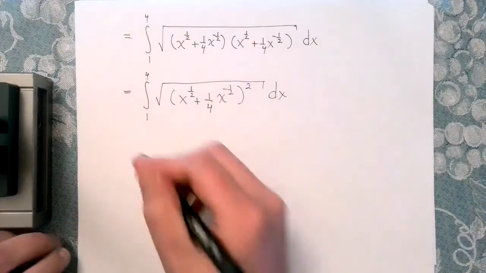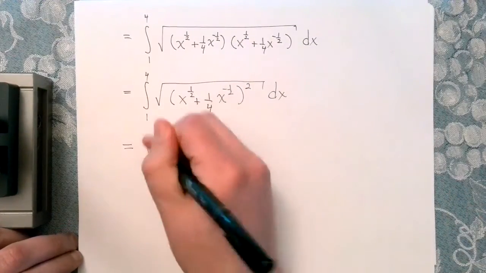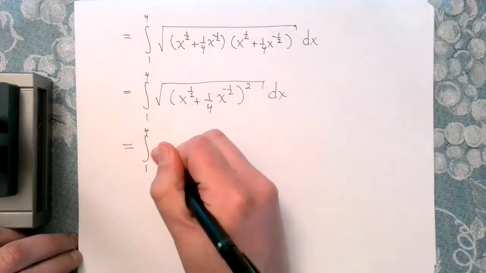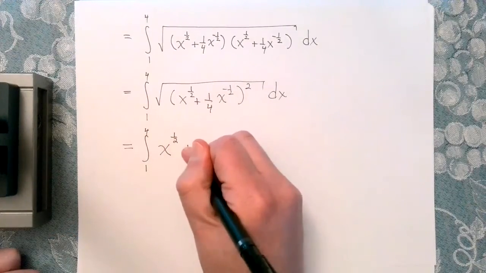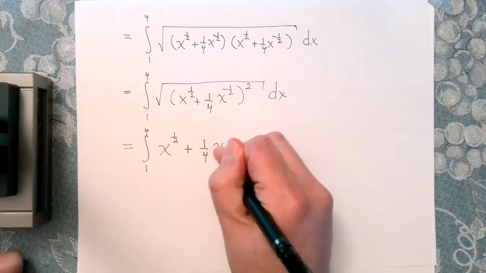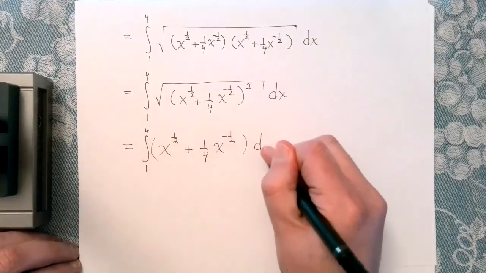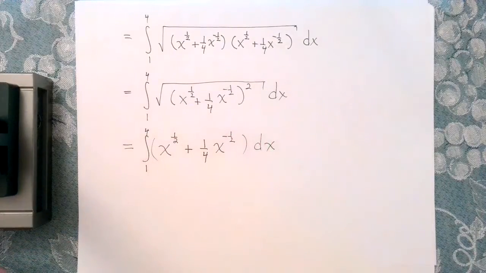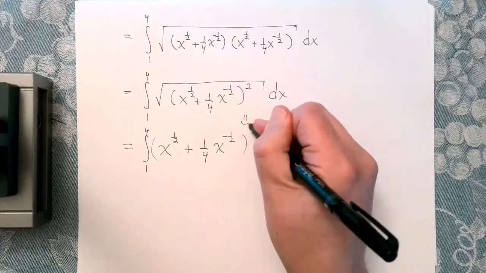Okay, so the square and the square root cancel. X is positive on this interval, so we have the following. And so you can see the worst is over, right? This is all good now because this is just power rule. So we're happy. Just power rule.